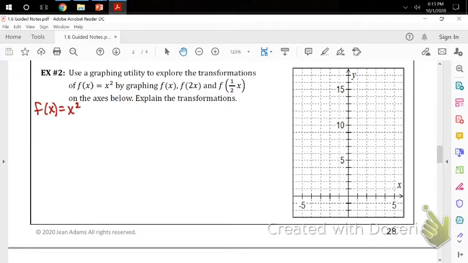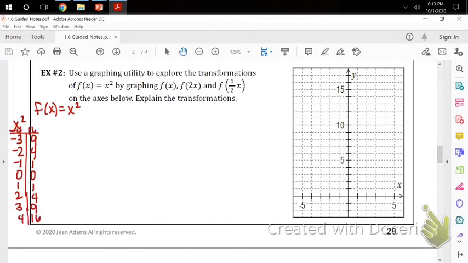All right, so we start out with f of x equals x squared. And so we can use our calculator. I'm just going to use tables since you can't see my calculator on here. So we know that f of x equals x squared had a parent table, and I'm going to add in the -3 because my graph is big enough that we can see that. So I'm going to do -3 to 3, and so it's 9, 4, 1, 0, 1, 4, and 9. Or we could actually do -4. So -4 would be 16, +4 would also be 16.